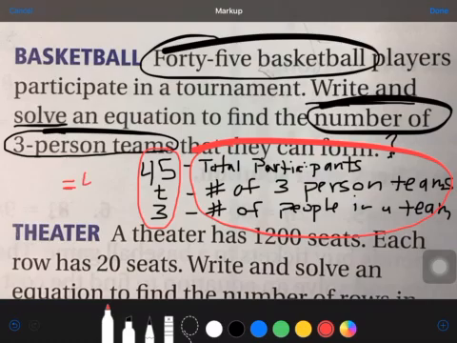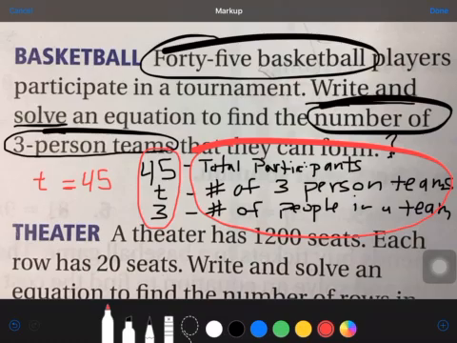So I'm going to say something equals 45, right? Then I'm looking at the number of 3-person teams, and I want to know how many of t there are.